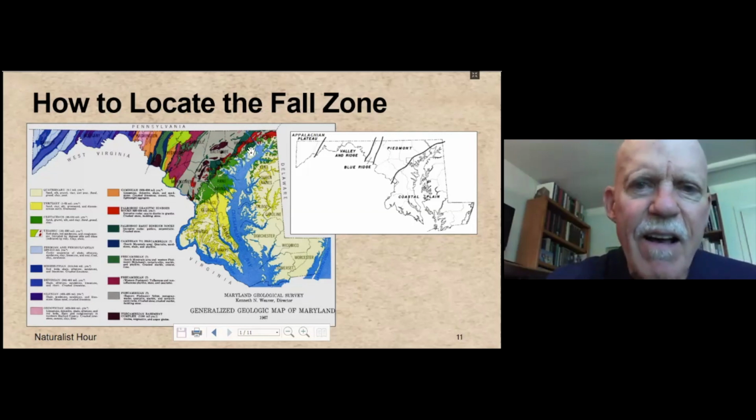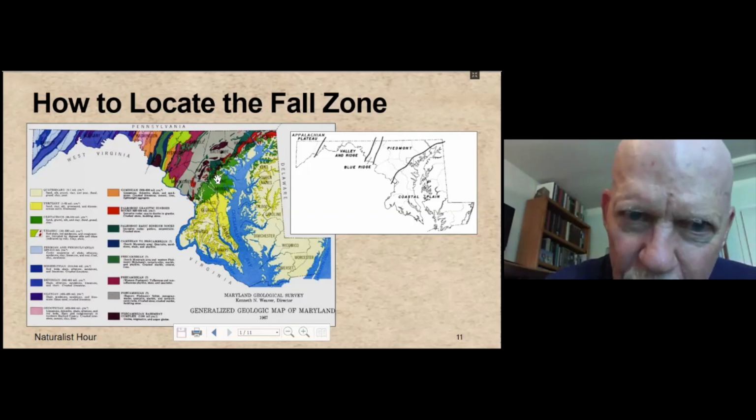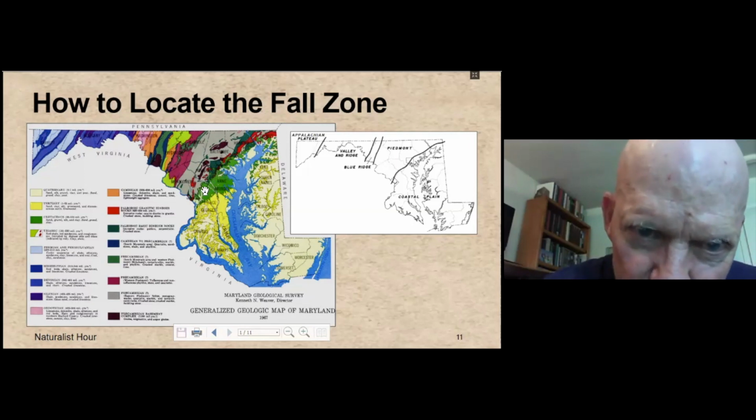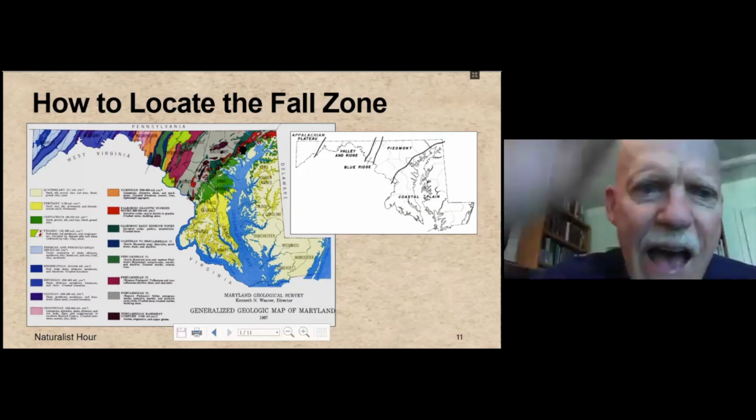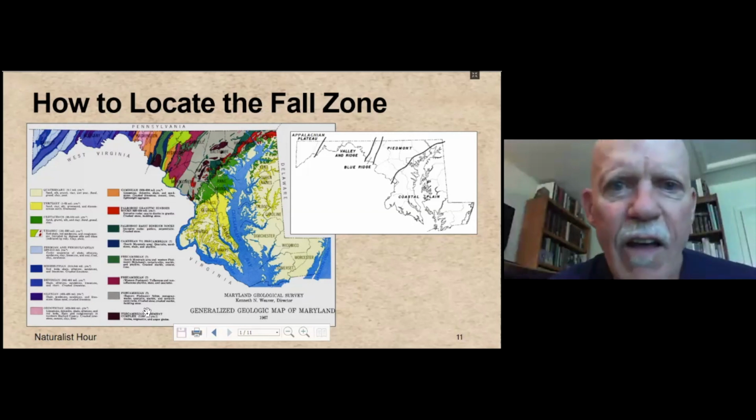And once you've defined where the coastal plain ends, which is the extremely convoluted line along the green and the beige and so forth, then beyond that are older rocks, and that's the Piedmont.